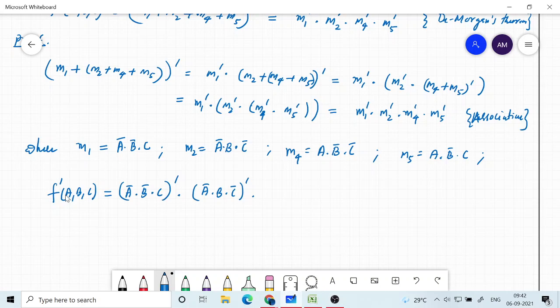Bar and complement basically mean the same thing; I am using them interchangeably.